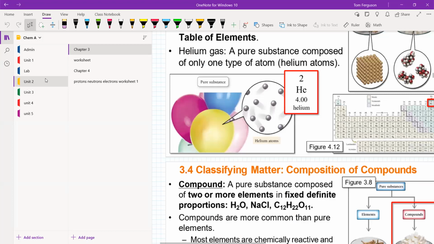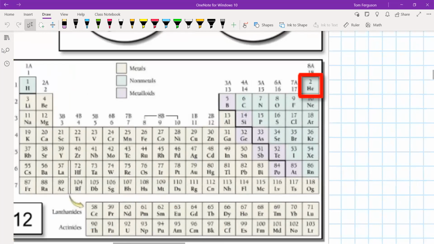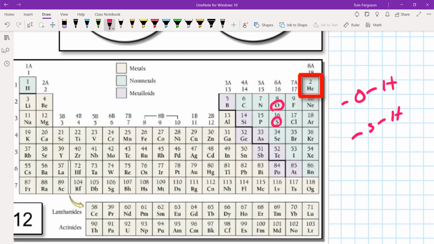Okay. Because sulfur is underneath oxygen, it has the same chemical characteristics as oxygen. That's why they act very similarly. That's why this is called a thiol, and this is an alcohol, as far as the reaction naming goes.